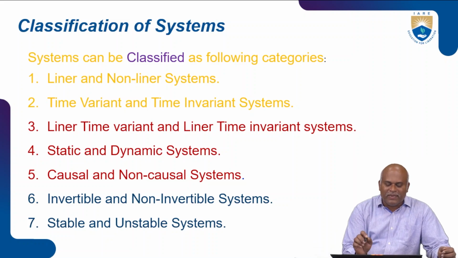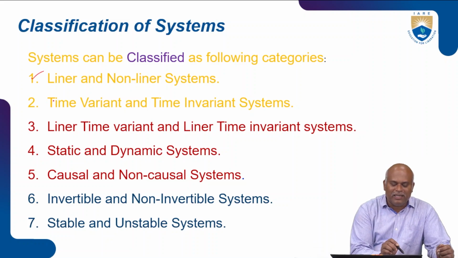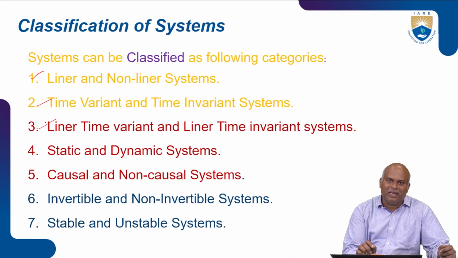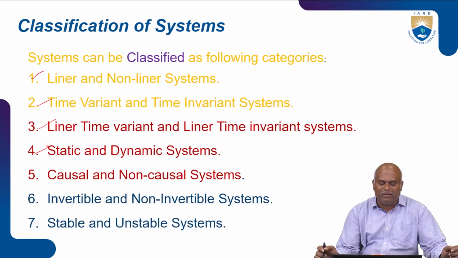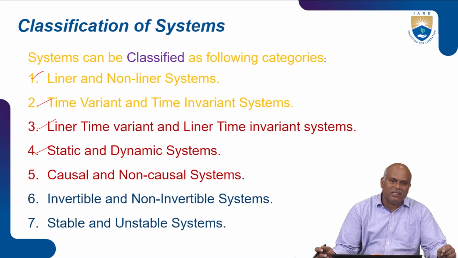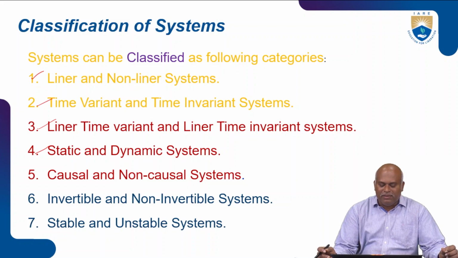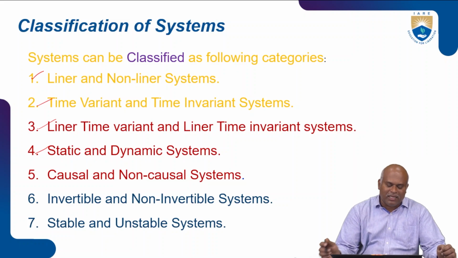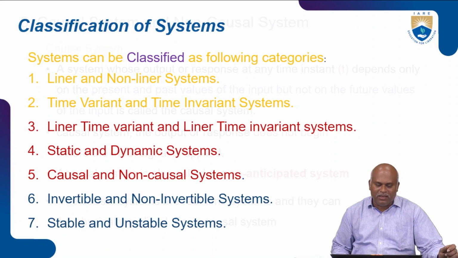Last class, we discussed linear and non-linear, time variant and invariant, linear time variant and linear time invariant, and static and dynamic systems. This class we go for causal and non-causal systems, invertible and non-invertible systems, and stable and unstable systems.